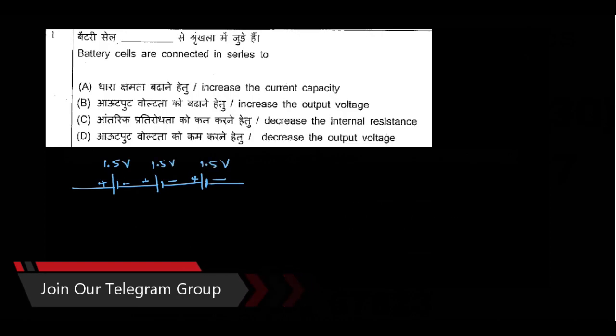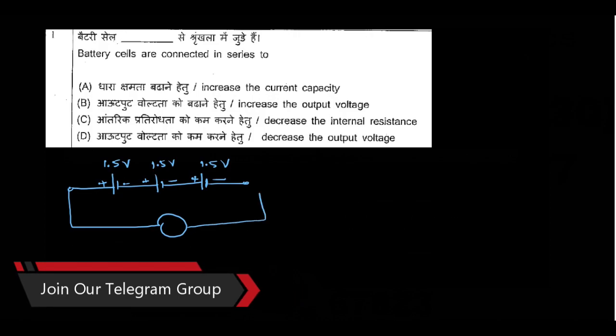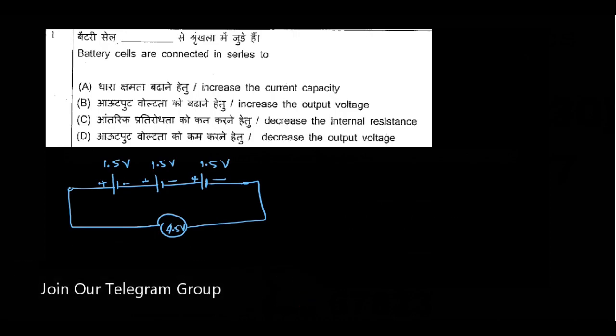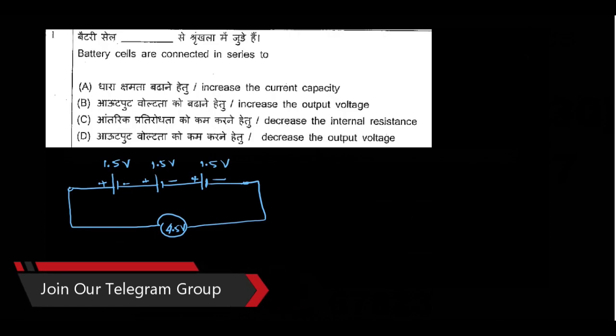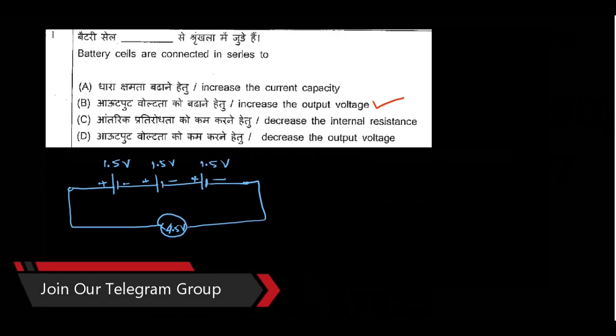If you connect a voltmeter, it reads 4.5 volt. If the direction of one of the batteries changes, what happens? That I explained in another video. So the right answer is to increase the output voltage.